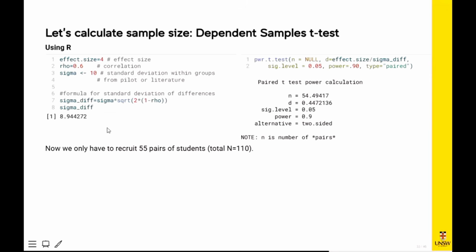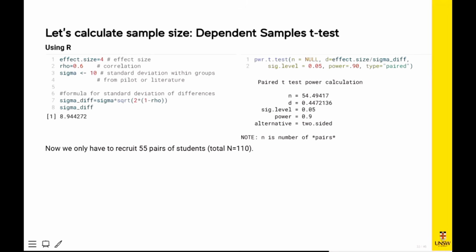So when we have less variability, we increase our power. And we can see that we only need about 55 pairs, so about 110 students in total, in order to get the same level of power for the same difference in our test scores.